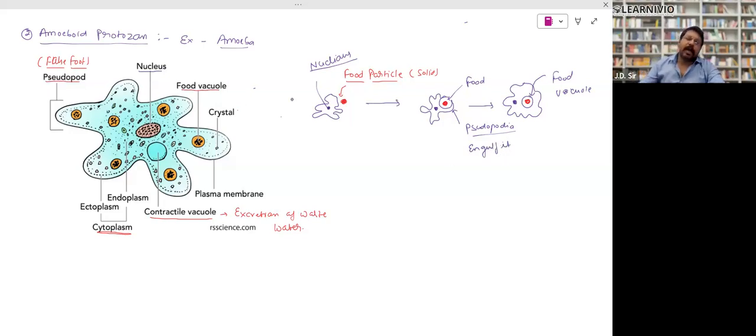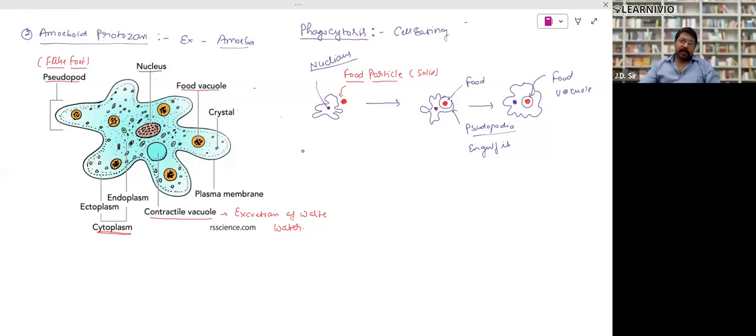When it engulfs with the help of pseudopodia, this kind of food intake is called phagocytosis. When amoeba eats any solid food particle with the help of pseudopodia, it is called phagocytosis. The English meaning of phagocytosis is cell eating.